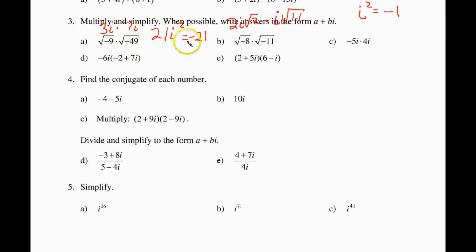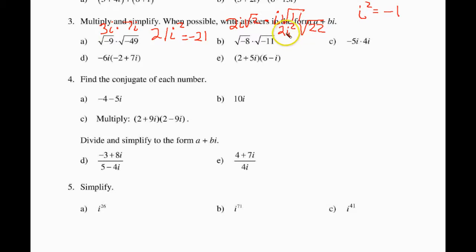Again, we're following the same technique here. So what happens? Well, 2i times i is 2i squared, and 2 times 11 is the square root of 22.